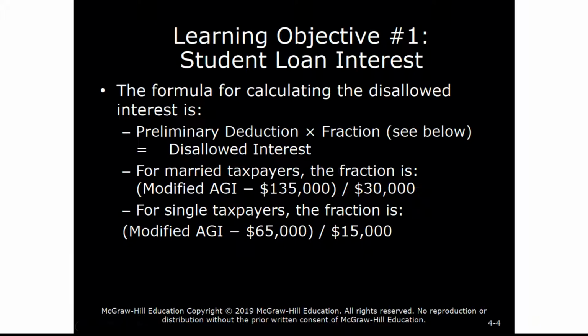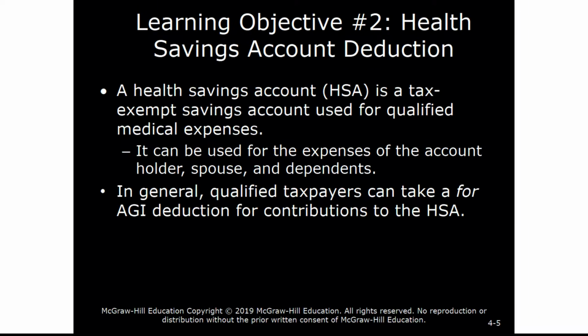And so that is to say that when modified adjusted gross income exceeds $135,000, for the next $30,000 of income of modified AGI, the taxpayer qualifies for less and less student loan interest deduction, until eventually, after $165,000 for married AGI filers, the deduction for student loan interest is no longer available.